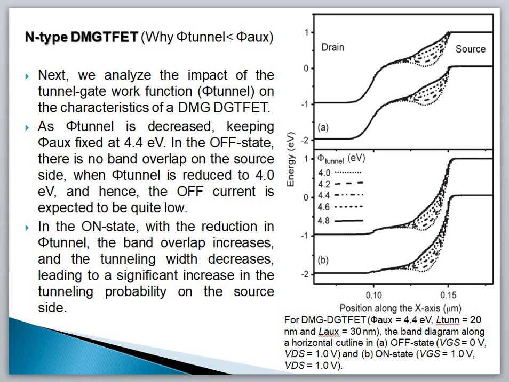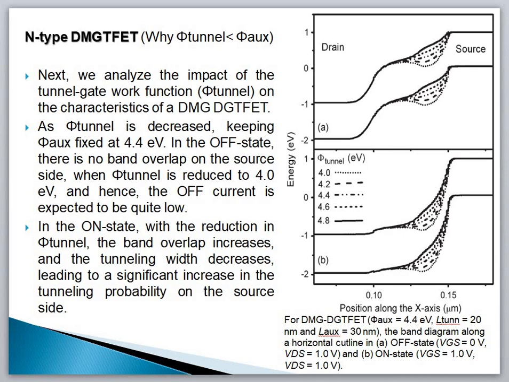In the off state, there is no band overlap on the source side when the value of the tunneling gate work function is 4.0 electron volt, and hence the off current is expected to be quite low. If you increase the work function up to 4.8 electron volt, then the overlapping will take place. This will increase the off state current of the device.